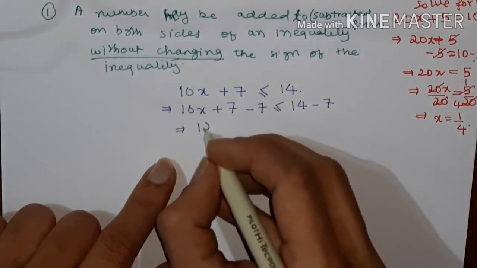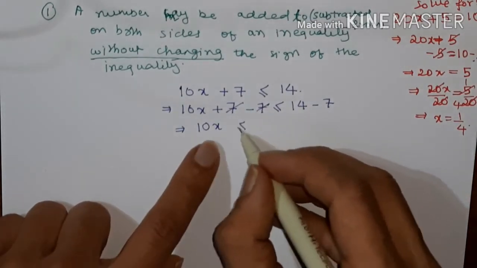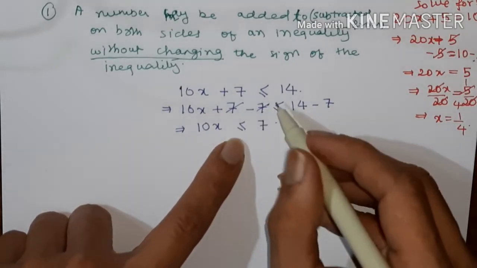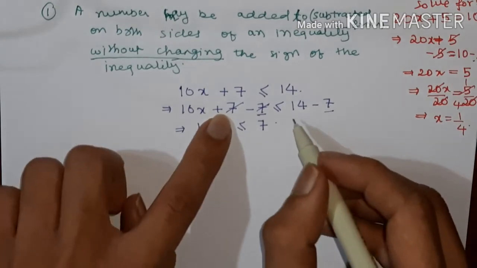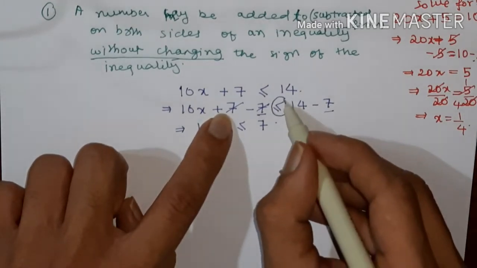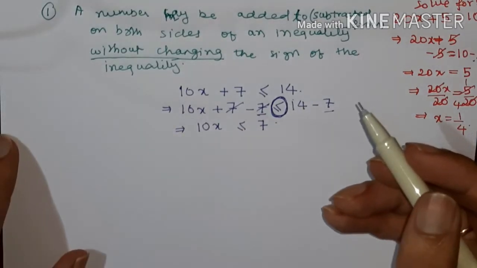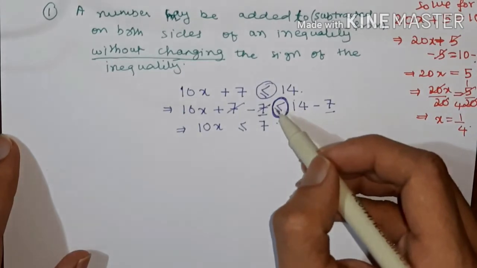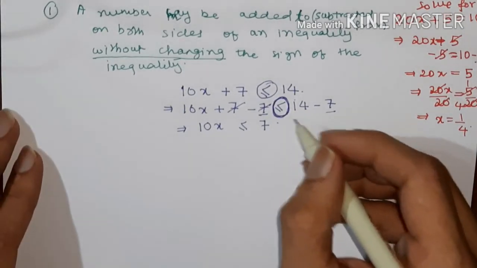So 7 and minus 7 will get cancelled, and we get 10x less than or equal to 14 minus 7, which is 7. We have subtracted 7 on both sides, but the inequality has remained the same. Less than or equal to has remained less than or equal to.